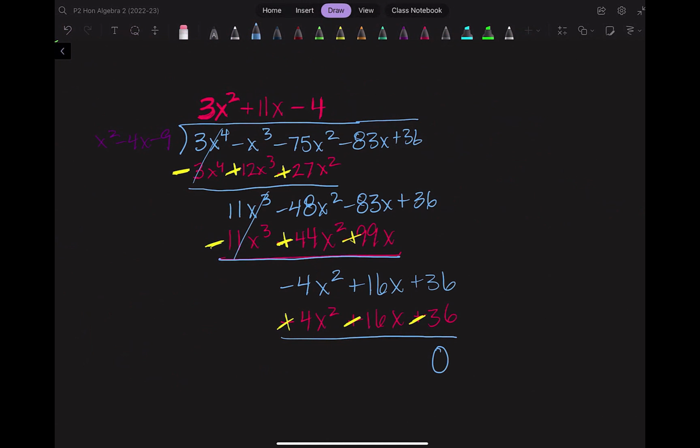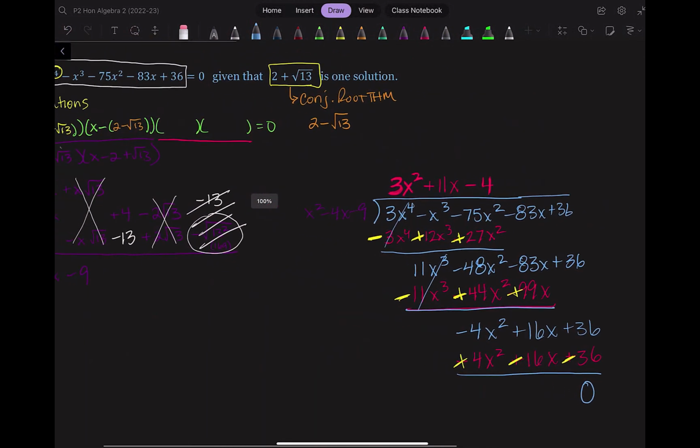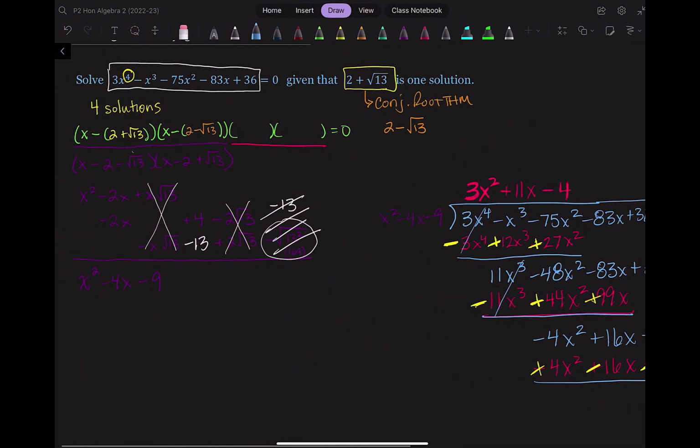The important thing to take away from this is that the pink quotient that we just wrote out should give us what these last two parentheses end up being.